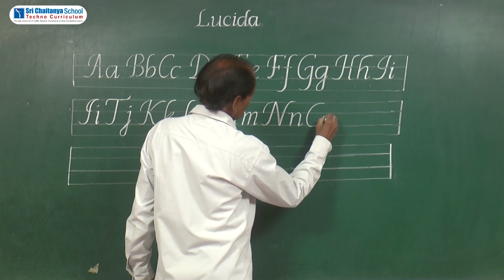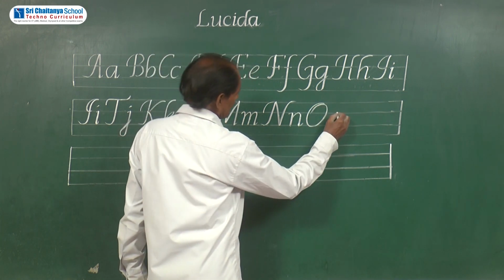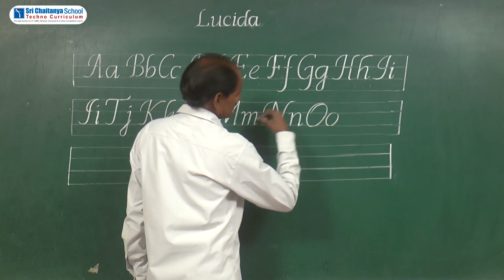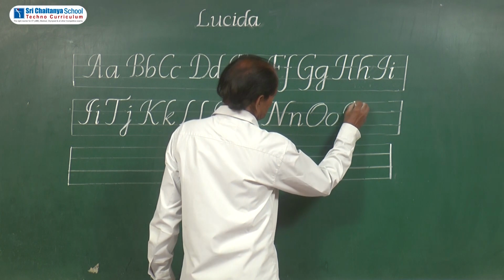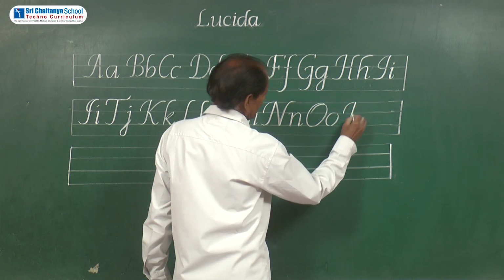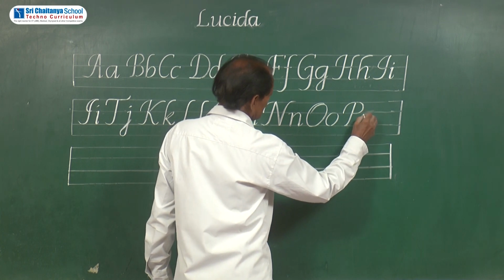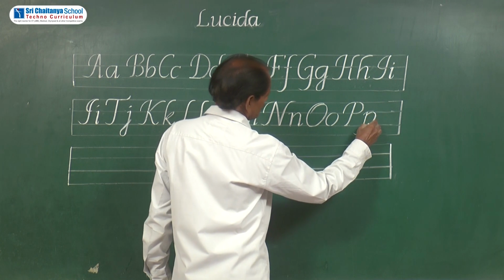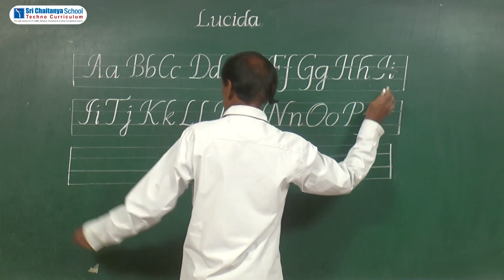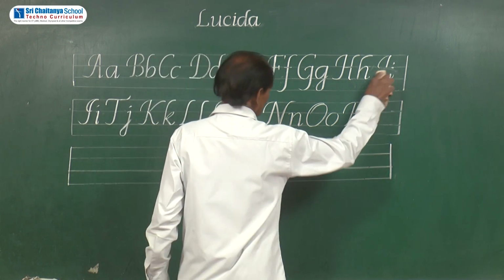O, just an oval shape, and that too the upper zone letter. Here a small o is the middle zone letter. Capital P is the stroke letter and upper zone letter, while small p is the lower zone letter. Already I have written here the letter I, that's why I am erasing here.